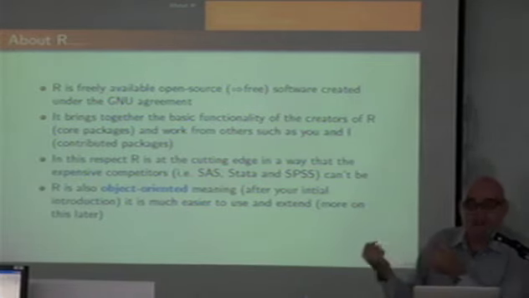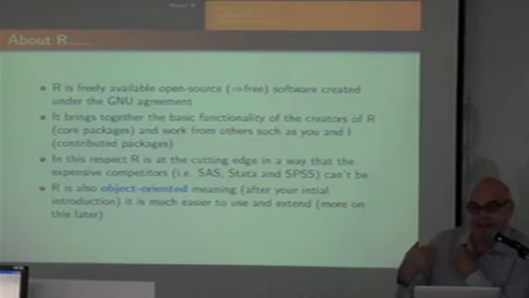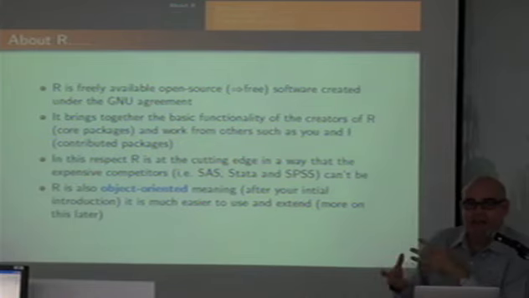And work from others, like you and me. Okay, so if I come up with a specialized method that can do something, I can actually upload that to R and other people have access to that. And that's what gives R its real strength. It can do anything.